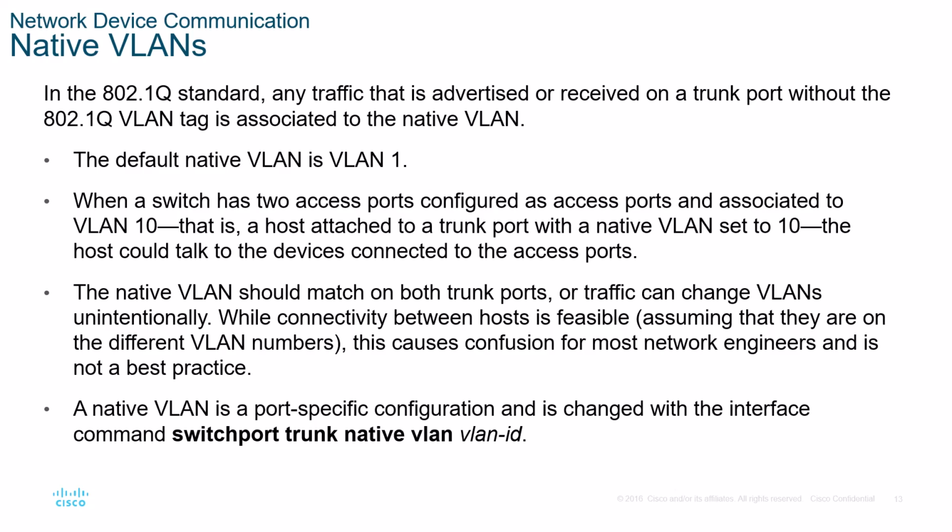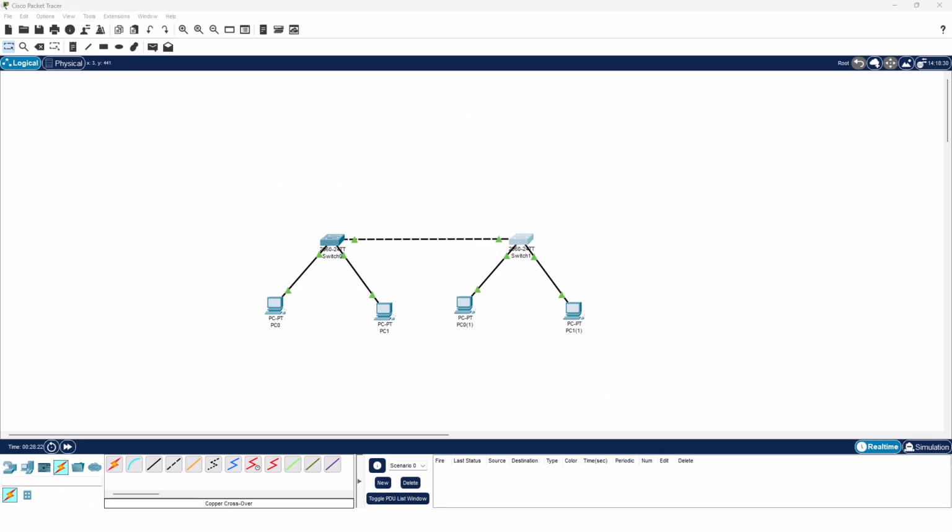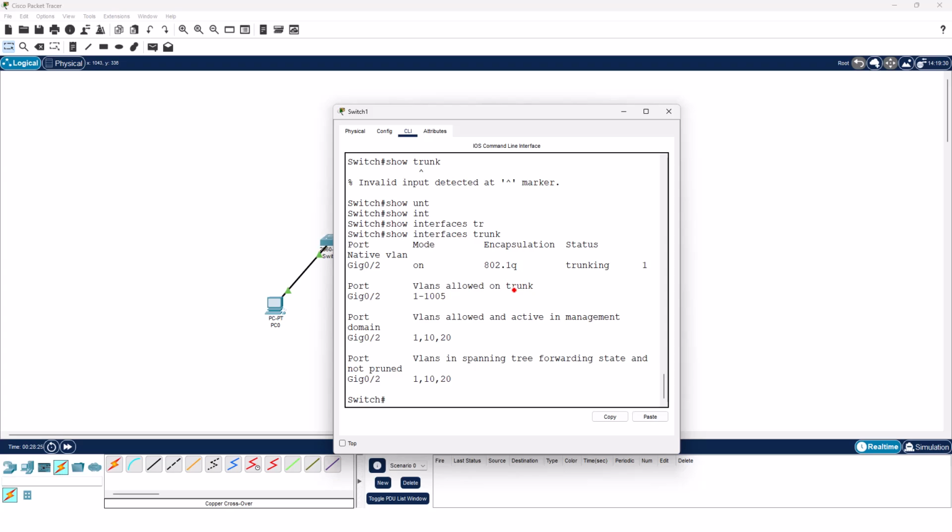So moving past that, let's go back to that allowed VLANs. You'll notice when I did it, switch port trunk allowed VLANs 1, 10, 20, 99. You can't do 1, then 10. So let's actually see what happens. We will go ahead and get logged back in.